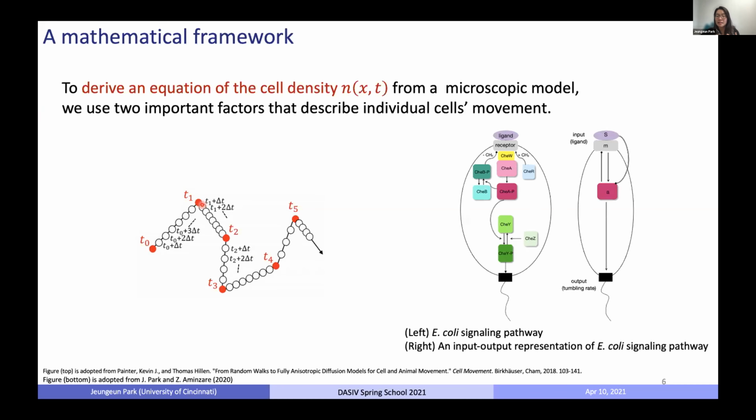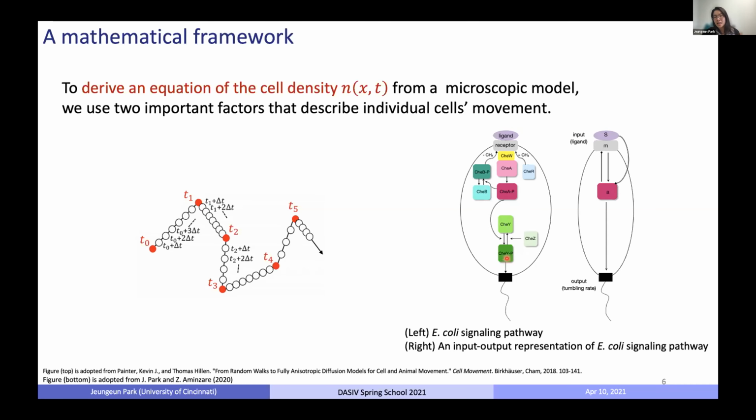What I mean by this is that once the cell detects the signal via its signal receptor, then something is going on inside. This is called a signaling pathway, but it looks very complicated.